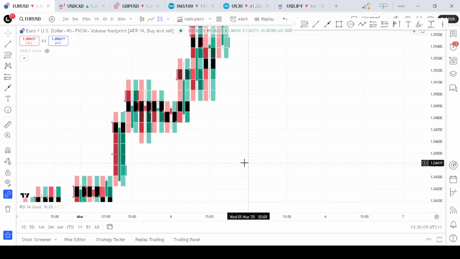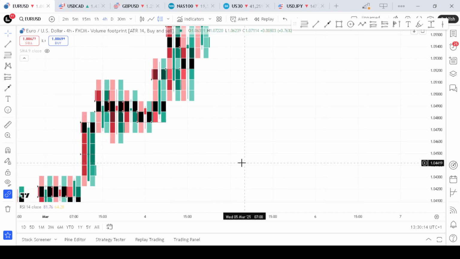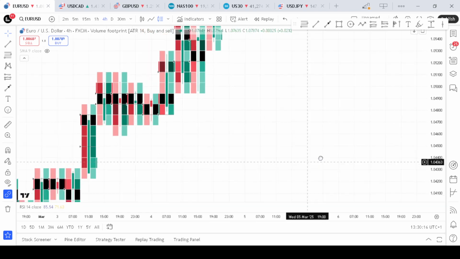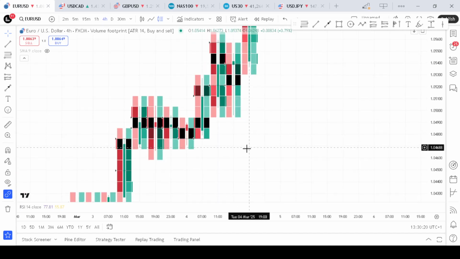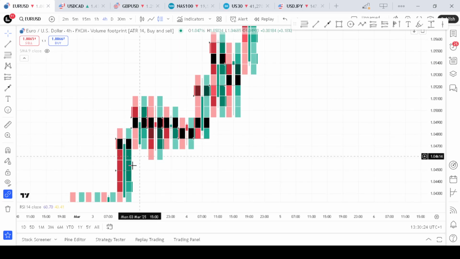One of the most valuable aspects of the volume footprint chart is the ability to detect imbalance in price. An imbalance occurs when buyers' volume significantly exceeds the selling volume.